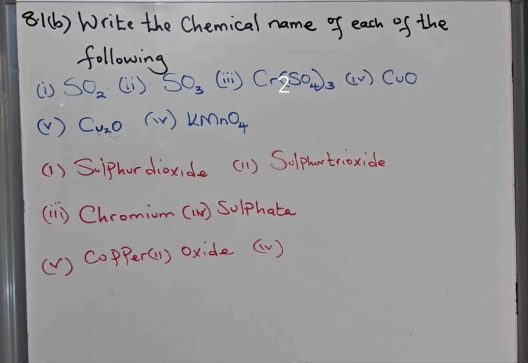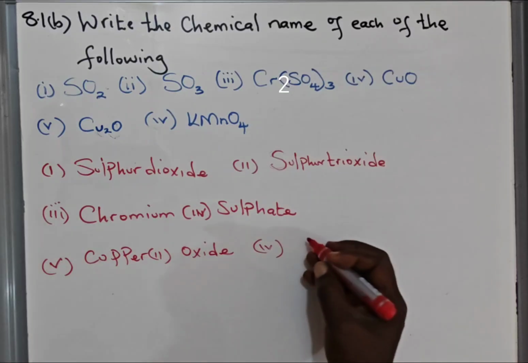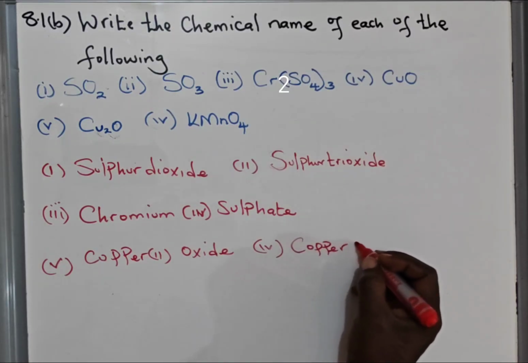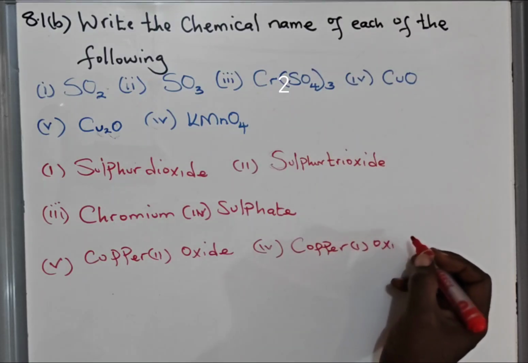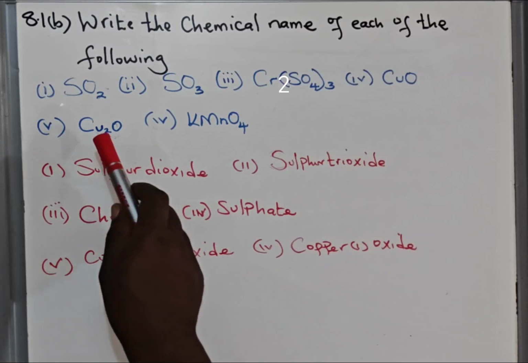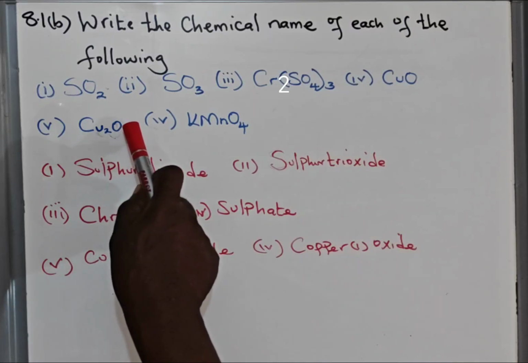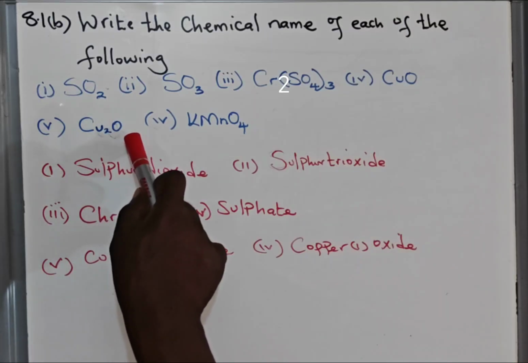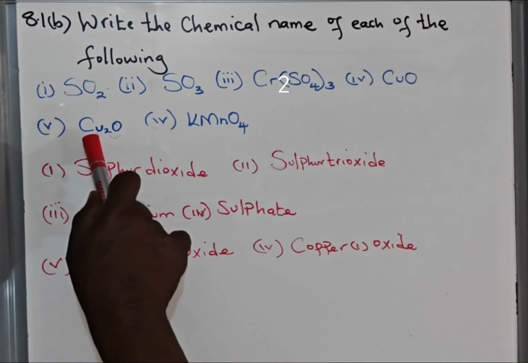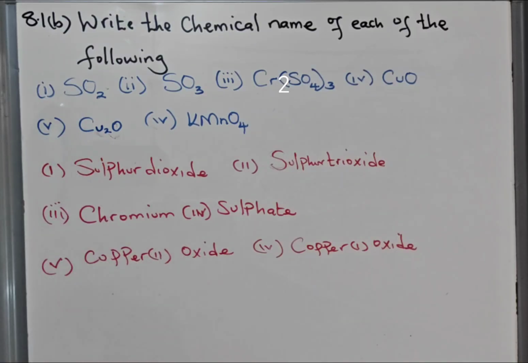So this one is copper(I) oxide, because the number 2 is for oxygen, and this oxygen has number 1, which means this copper is existing in oxidation state 1.